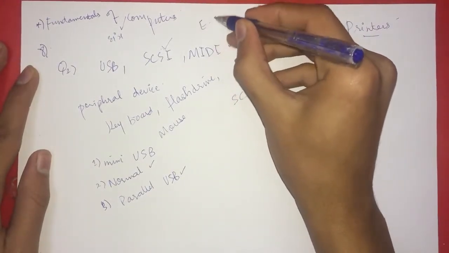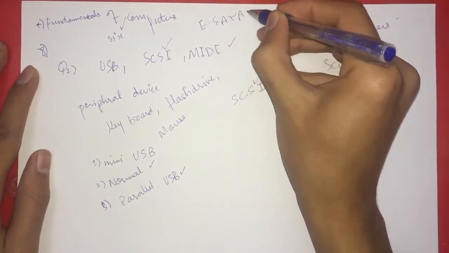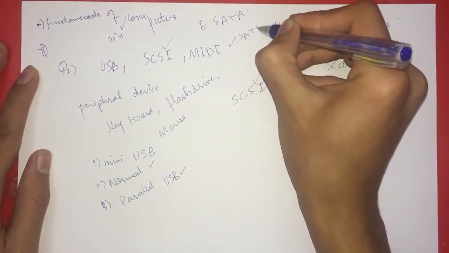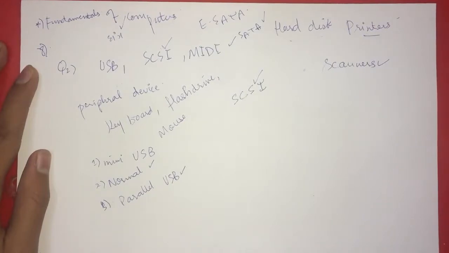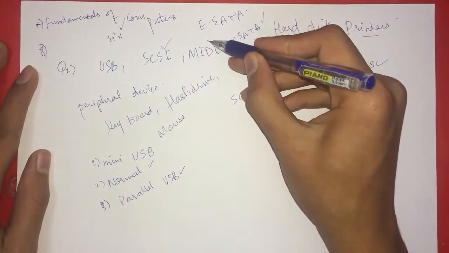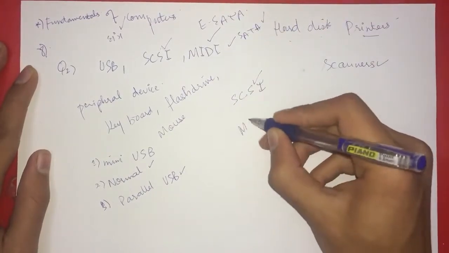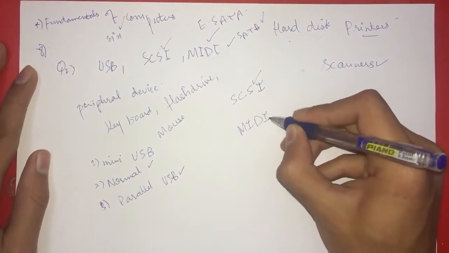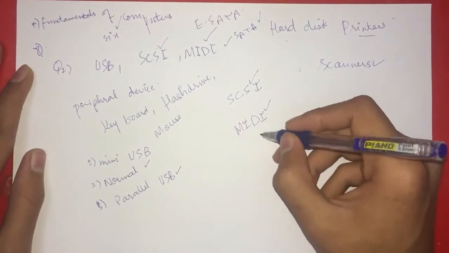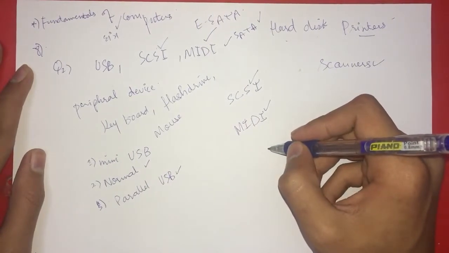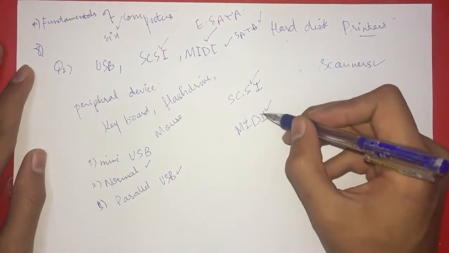For example, we have the eSATA port, external SATA, and we have just the SATA port. So we have many other ports, but we are not going to go that deep into this topic. Instead, what we are going to do is jump over to our third port, which is the MIDI port. I forgot what the abbreviation was, but I think it is musical instrument something.